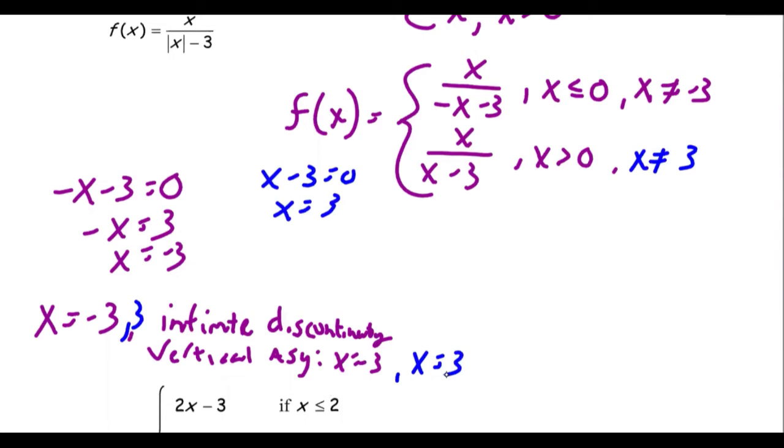So we got to figure out if it's continuous at 0, where the breakup of the two pieces is. So now we got to check at x equals 0. We got to prove it's continuous at x equals 0 by using our 3 proofs of continuity. So what's our function value at 0?